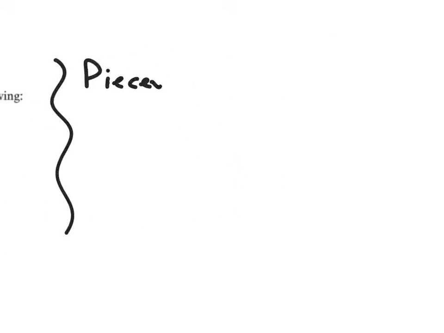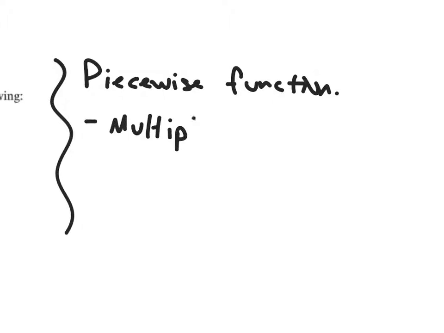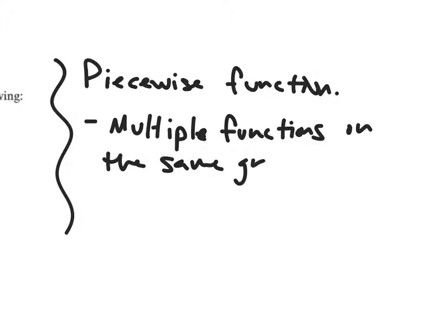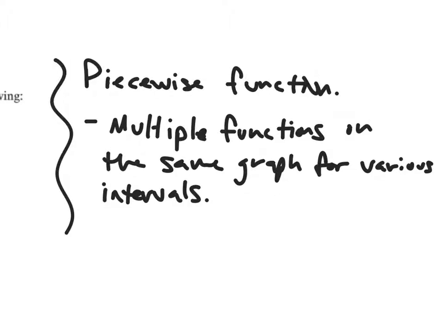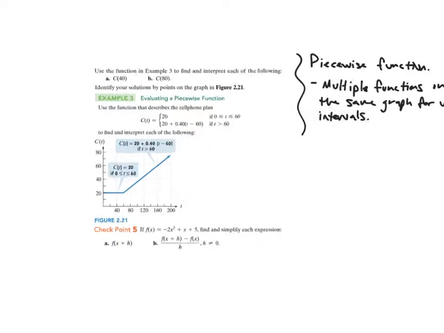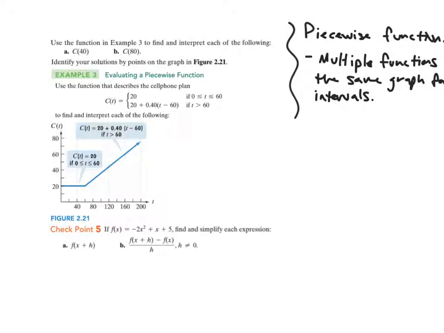Okay, so a piecewise function is when you have multiple functions on the same graph for various intervals.